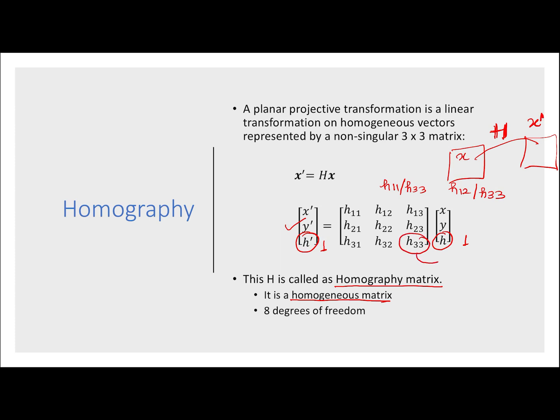Therefore, without loss of generality, this H33 can also be taken as 1. And it follows that projective image transformation has 8 degrees of freedom. That means to obtain this homography matrix, we need to compute these 8 parameters.